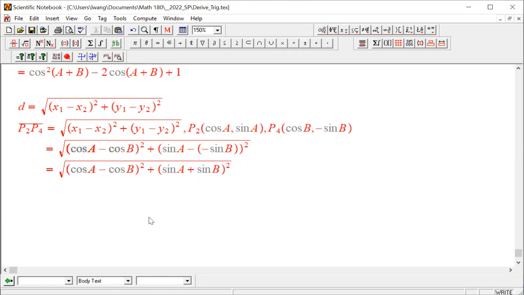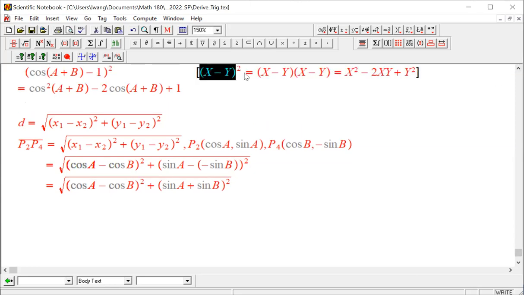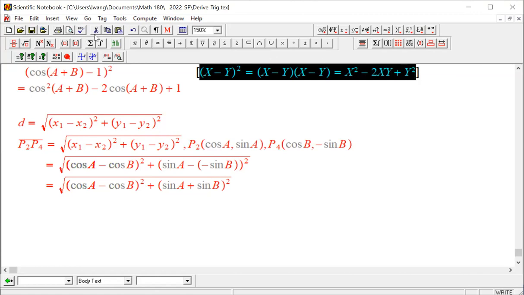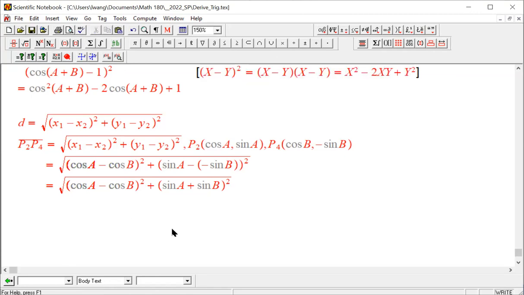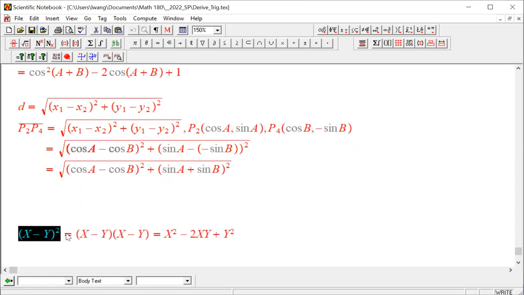Okay. And next, we're going to apply the formula that we applied earlier, right? X minus y squared. So that formula applies to the first piece, right? And we also have another formula, which is x plus y.